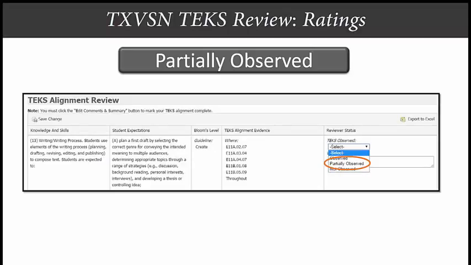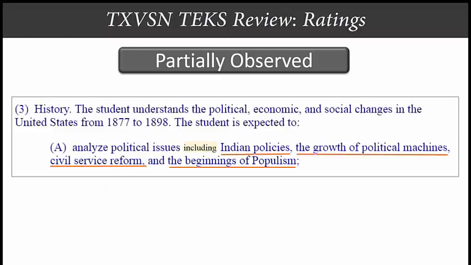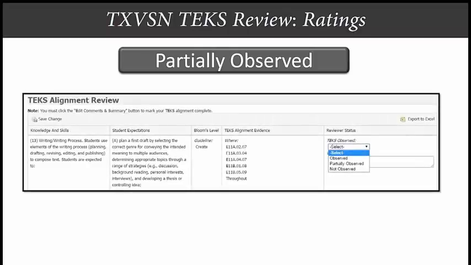Otherwise, rate it partially observed and write a note in the Where field about what is partially observed. Sometimes a course addresses all of the required elements, but they aren't at the correct Bloom's level. Again, rate the standard partially observed.